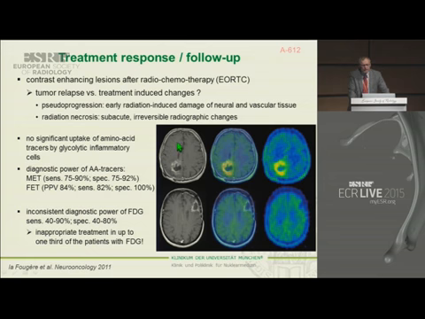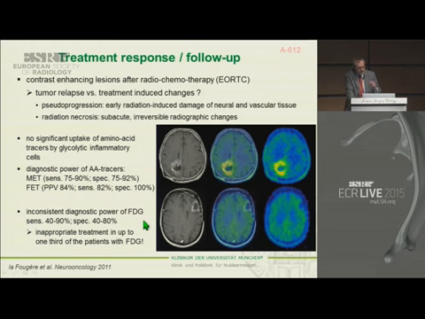So here we take advantage of the amino acids compared to FDG, since there is no significant uptake of amino acid tracers by glycolytic inflammatory cells. And we can differentiate these two situations, tumor recurrence versus radiation necrosis, which will look very similar in MRI, with a relatively good sensitivity and specificity, and a good positive predictive value.